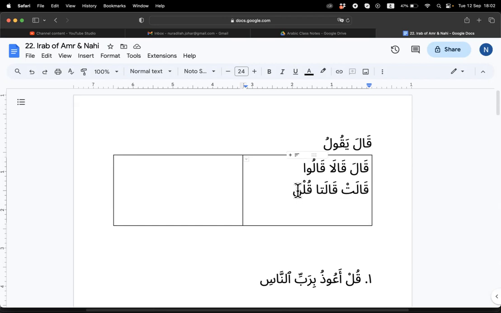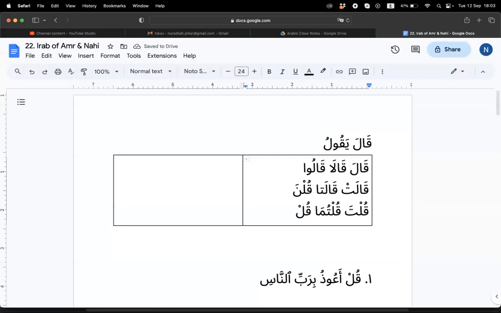Now follow this one: kulna, kulta. Then antuma nasortuma becomes kultuma. Antum, kultum.